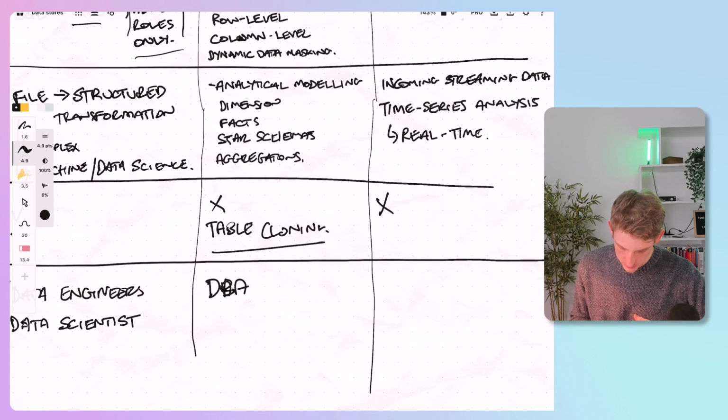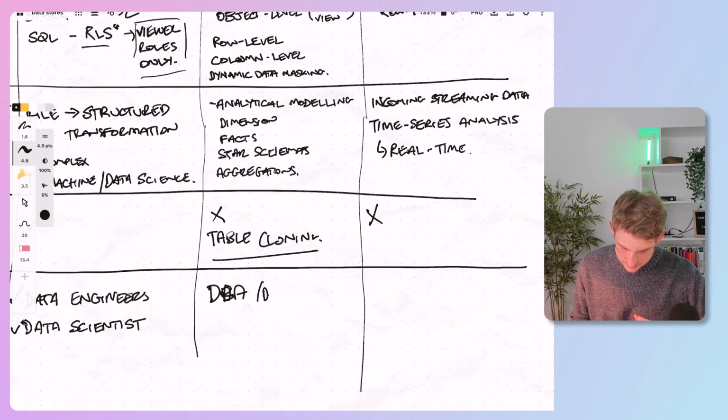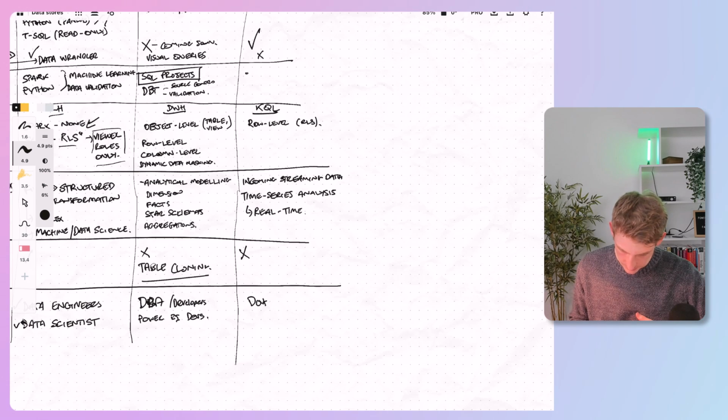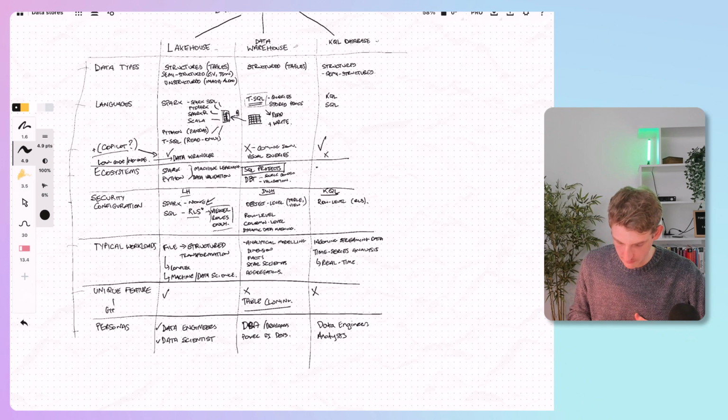Now for the data warehouse, you're going to be having DBAs, database developers, maybe Power BI users if they know some SQL to create dimensions and facts and things like that. If they can create them for themselves, that's great. And the KQL is going to be data engineers and analysts who are comfortable with real-time and KQL. And yeah, that's basically that.